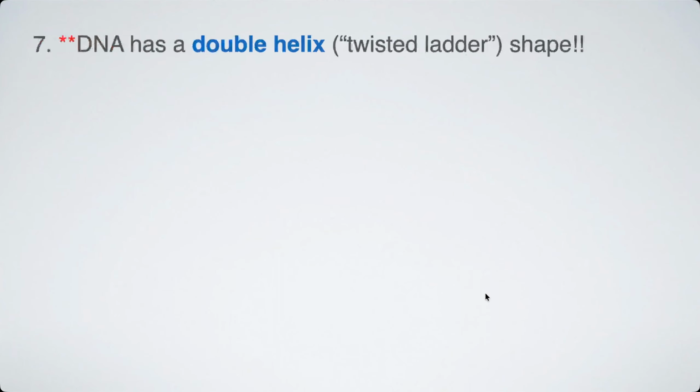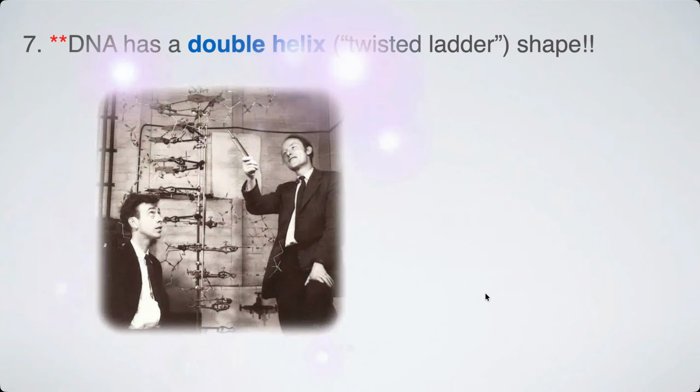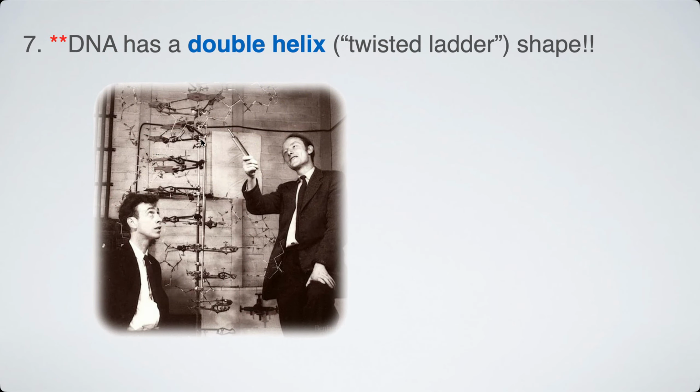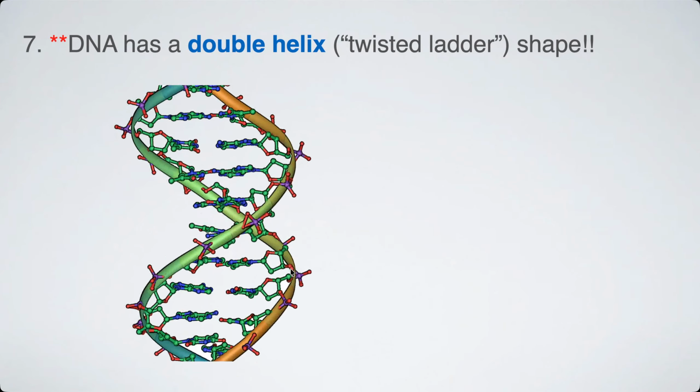And so in case you're wondering, a double helix is just a twisted ladder shape. So here you go. Here's a model of DNA that they made. It's a famous photo of them pointing out different parts of the DNA model. Double helix, though, is just a twisted ladder. So we're talking about this, right? It's wrapped around itself. This is the twisted ladder shape.